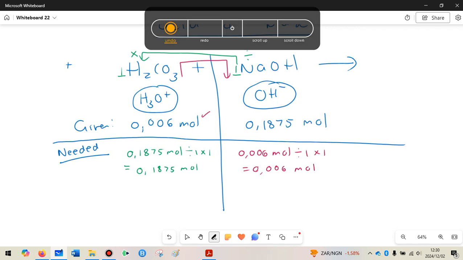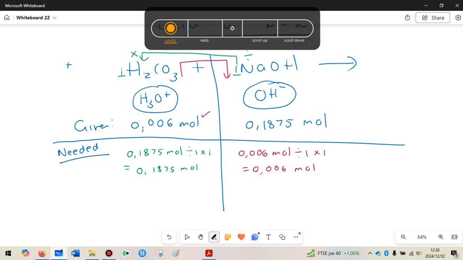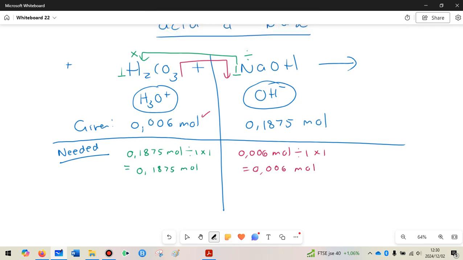You were given 0.006 mole of carbonic acid, but you need 0.1875 mole. You have way less than you need, which makes this the limiting reagent. Okay, which means that the sodium hydroxide is in excess.